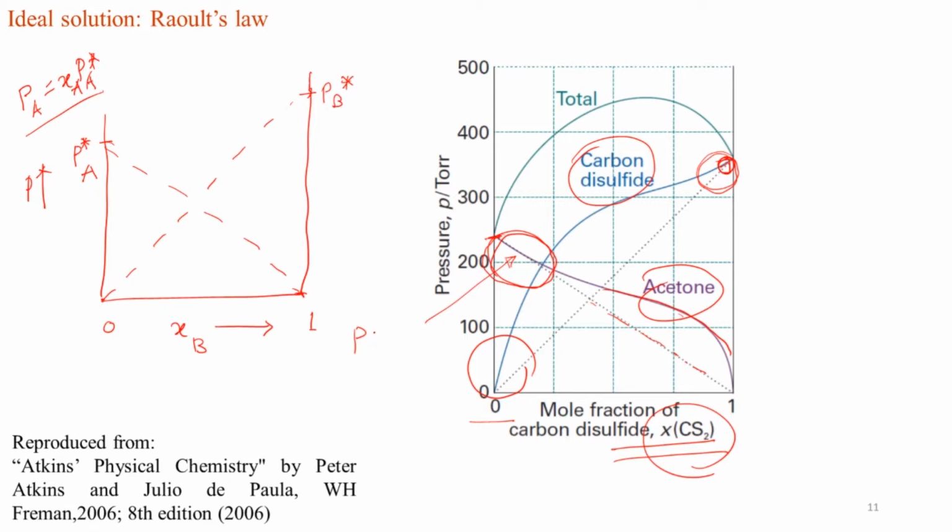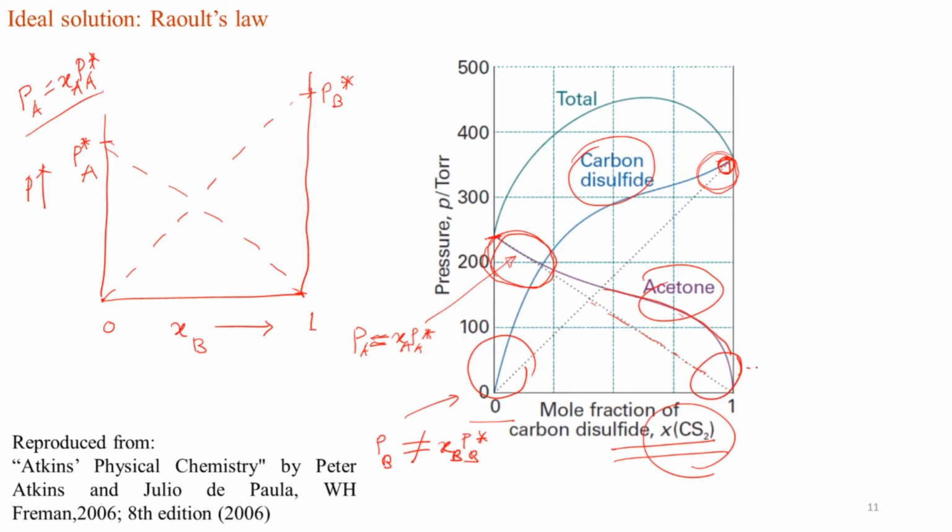This is all with respect to only Raoult's law being plotted, where PA we can write as XA into PA star. That is more or less valid, but with respect to B, it is very wrong to write XB into PB star.